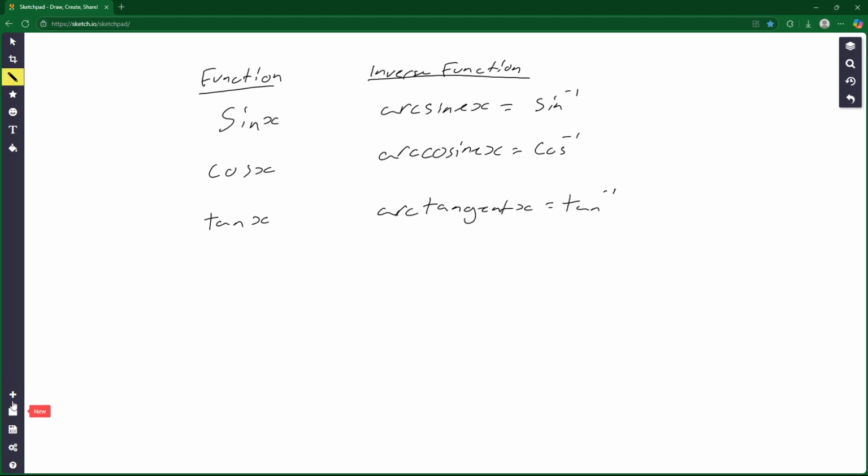now that we have that out of the way, we can start looking at a few basic concepts. This will apply for everything. Sine theta is equal to a.